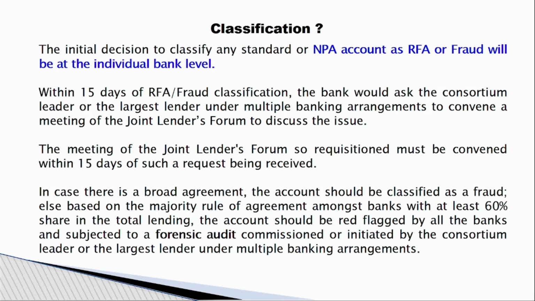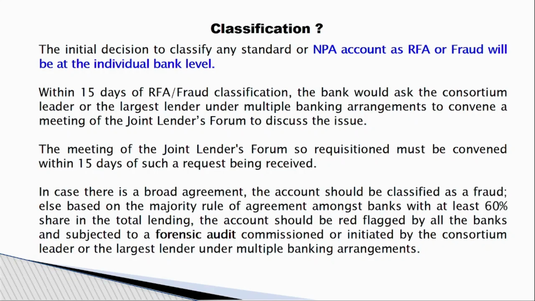Classification: even if it is a standard asset, if you find fraudulent activities happening, it can be marked as a red flagged account, and it can be marked as an NPA account also. Within 15 days of the red flagged account fraud classification, the consortium leaders, for example when multiple banks have given a single loan to a borrower, have to conduct a joint lenders forum.